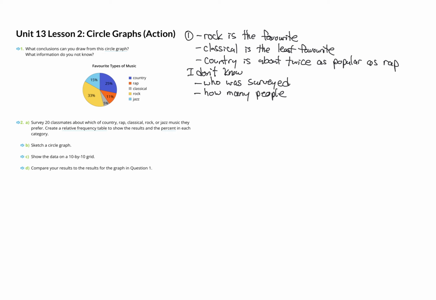So I'm going to create a little table. I'm going to call it music preference, and this is going to be from a fictional class of students. We're going to have a type, a frequency, and a percent in my table.